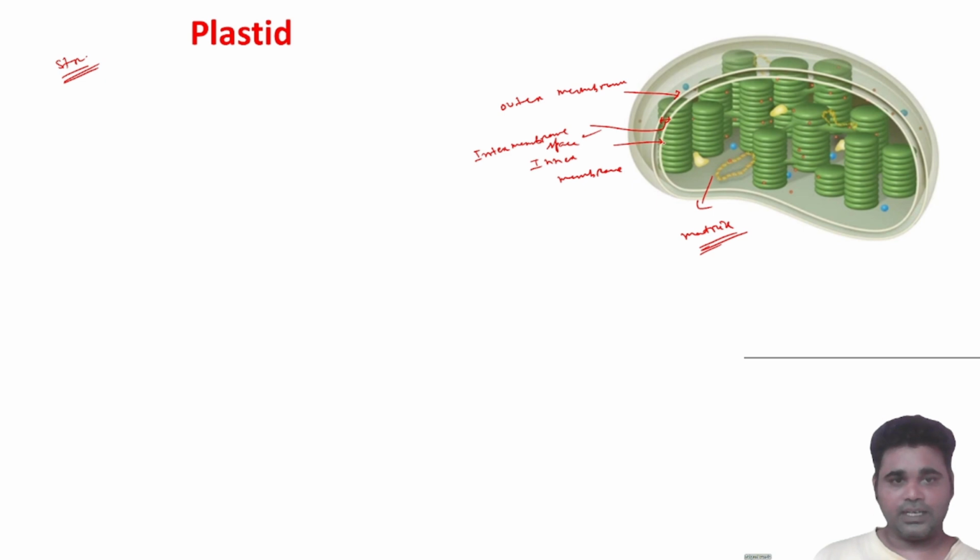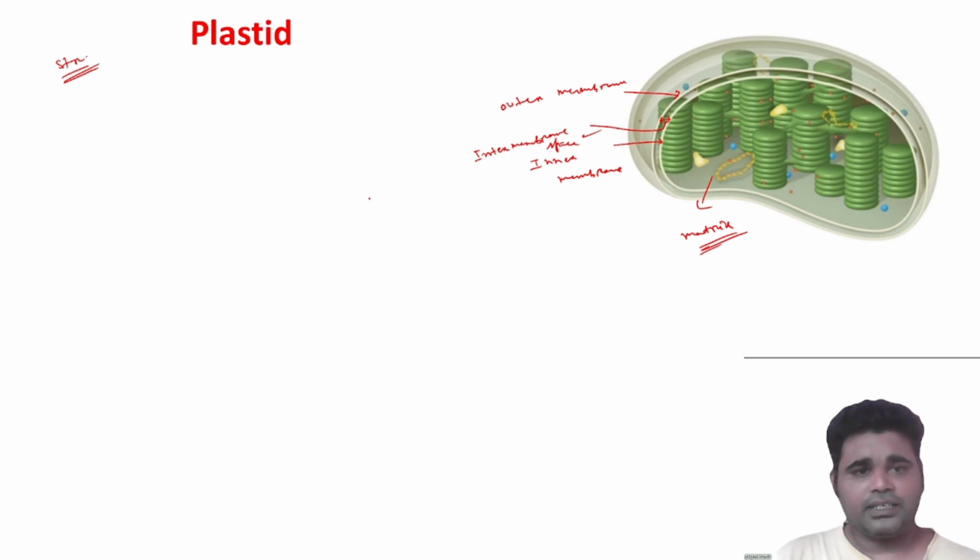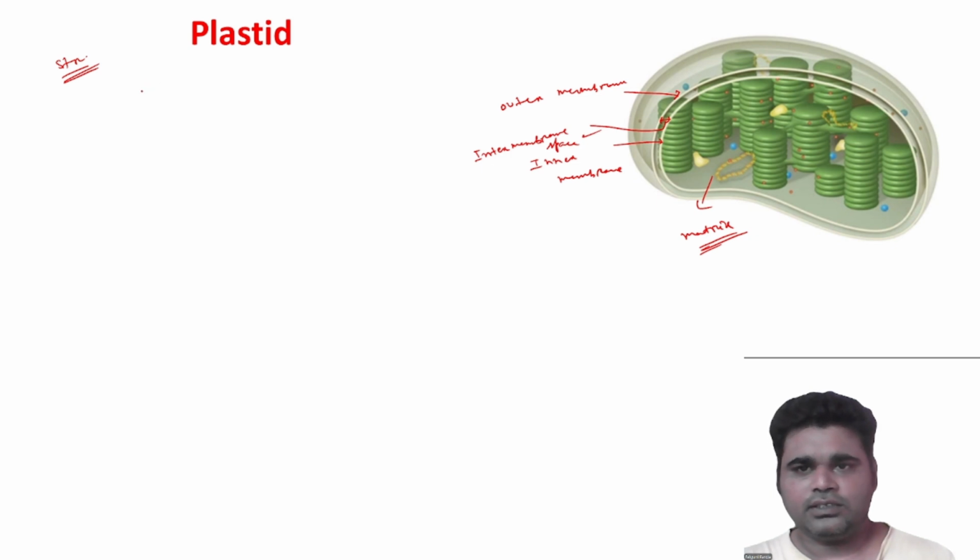That means inside the inner membrane, all the structure is called the matrix. In the matrix, different types of structures are present. One is called the grana, one is called the thylakoid, one is called the stroma.